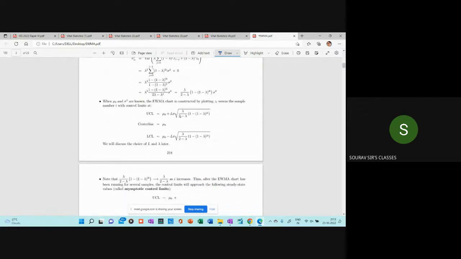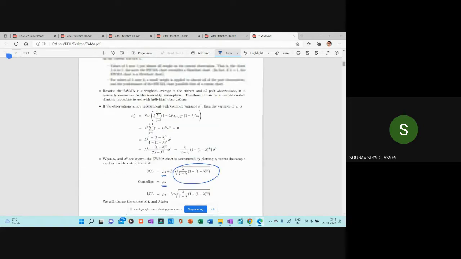This is my UCL, that is mu naught plus L sigma into this. The central line is this. The lower control limit is this. Now the question is where we are actually getting this from. We are getting this from sigma of Zi, that is the variance of this particular big expression. If you can see, the variance of this extended portion will be 0, because this works as a constant.